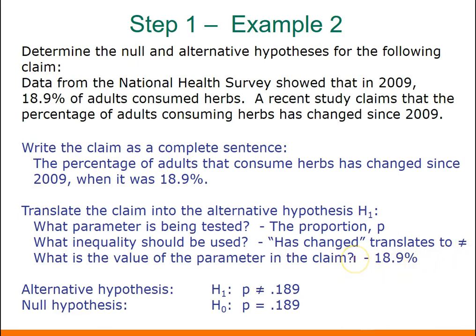And what's the value of the parameter in the claim? That's the 18.9%. That's why we wanted to include that as part of our written claim. So then our alternative hypothesis is that p is not equal to 0.189. Notice here we went from a percentage, and here we put that percentage into a decimal form. And then our null hypothesis, we're just changing the not equal to an equal to.